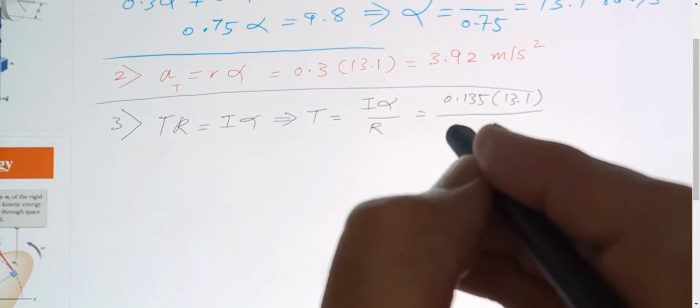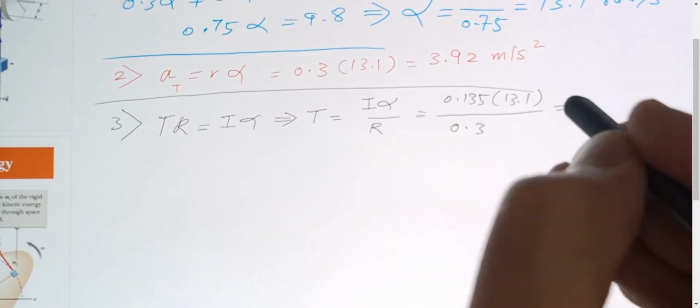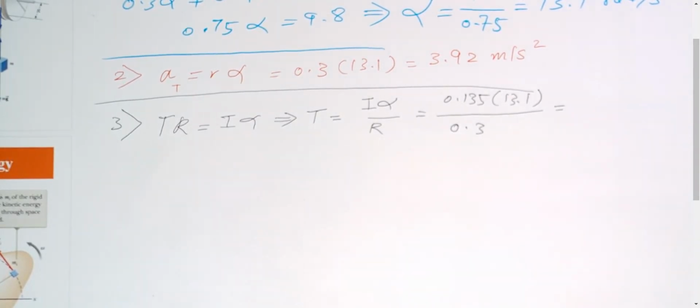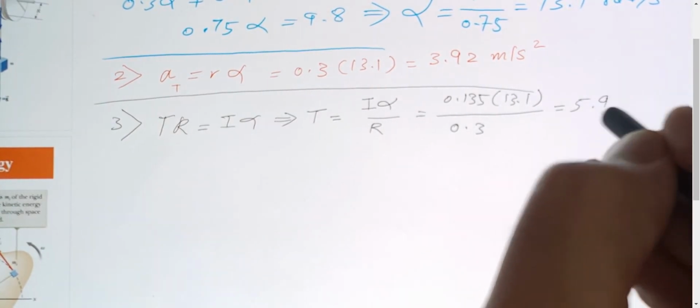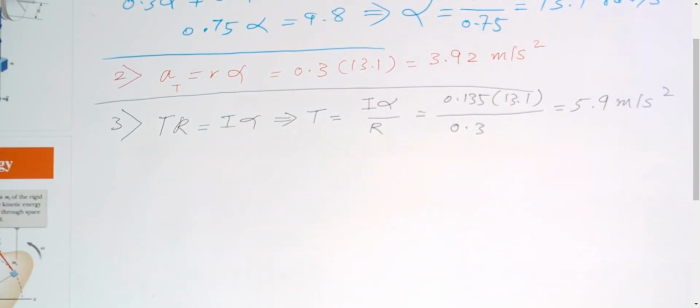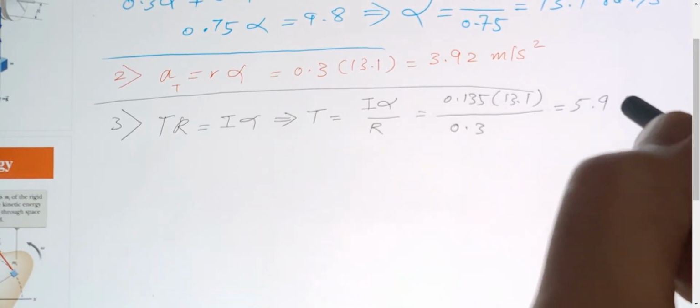R is 0.3, divided by 0.3, and that is 5.9 Newton, sorry, Newton.